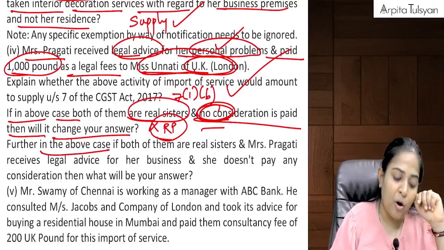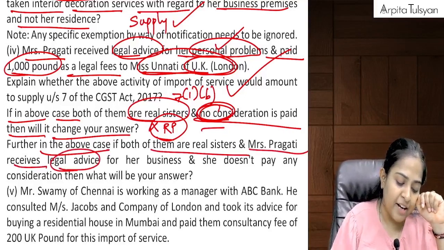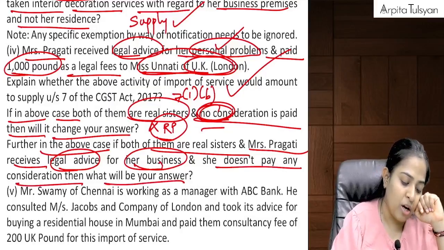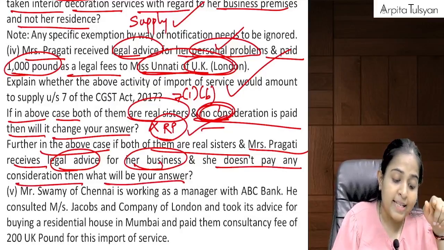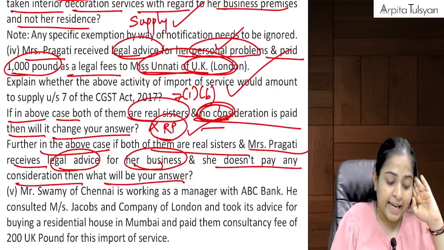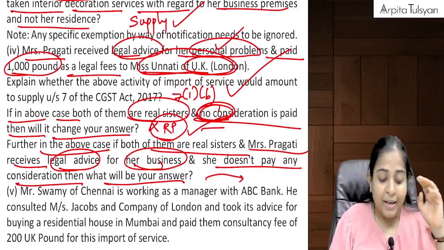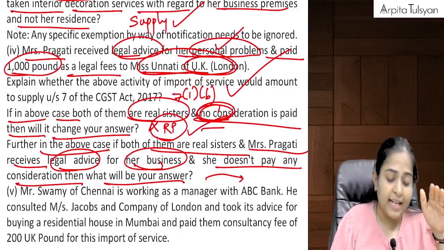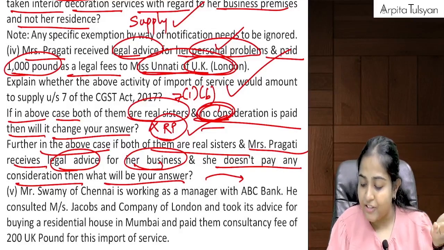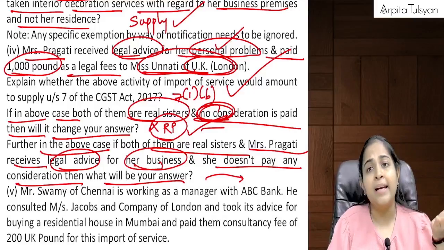And further in the above case, if both of them are real sisters and Mrs. Pragati received legal advice for her business and she does not pay any consideration, then what will be your answer? Now here, even if she is receiving it for her business, but they are real sisters and we are assuming that she is not dependent on me, then she is not my related person.